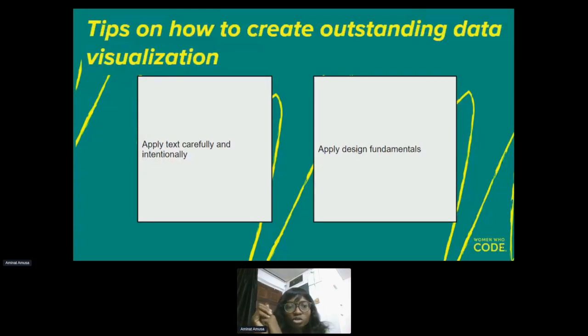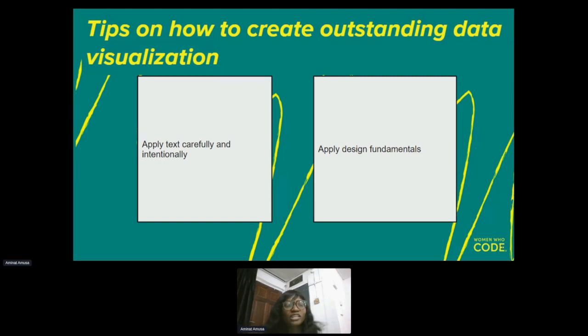And also, you have to apply design fundamentals. I know you might say, but I'm a data analyst, I'm a data scientist, I'm a visualization engineer. Do I really need to learn design? You don't need to know design the way UI/UX designers or product designers know design.